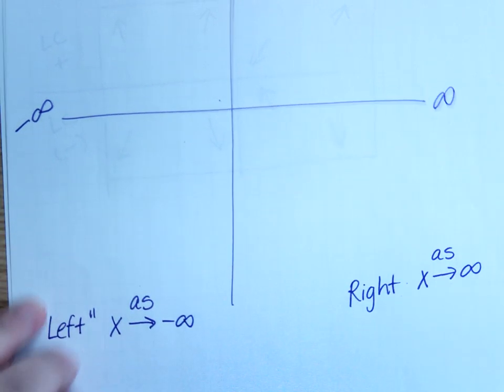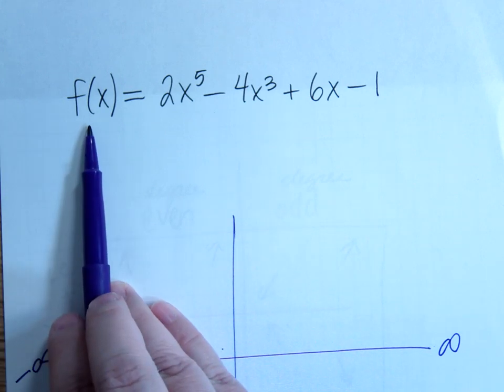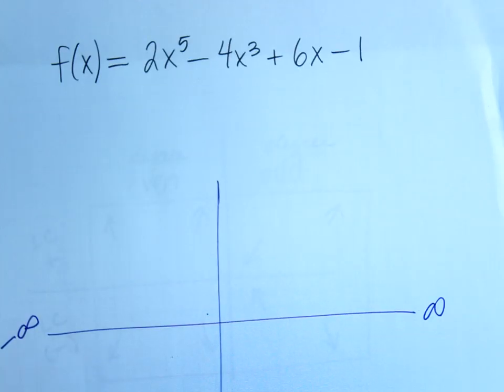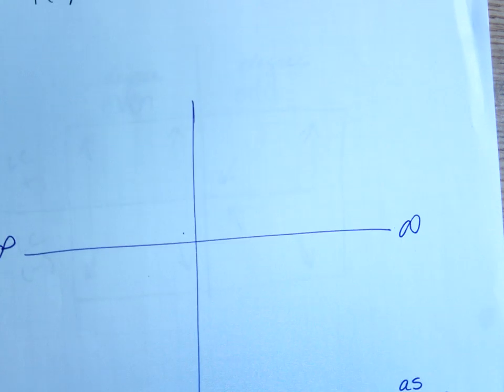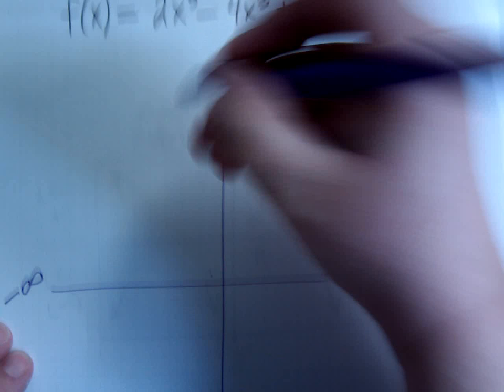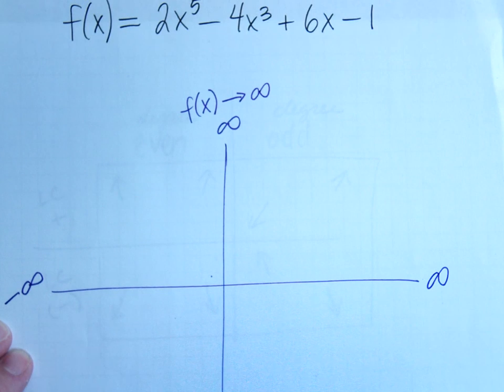Now the function is kind of like our y. The f of x is like our y. So the function value is either going up or down like y. That's the up and down part. All these words, left, right, up, down, those are the words. So up, we're going to say f of x approaches positive infinity to mean up.